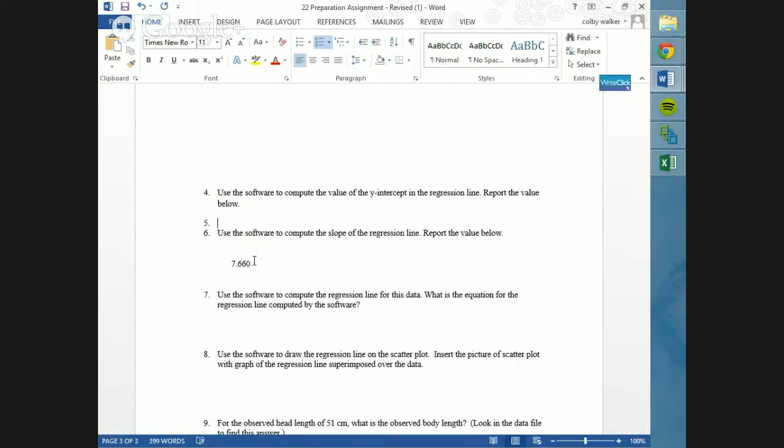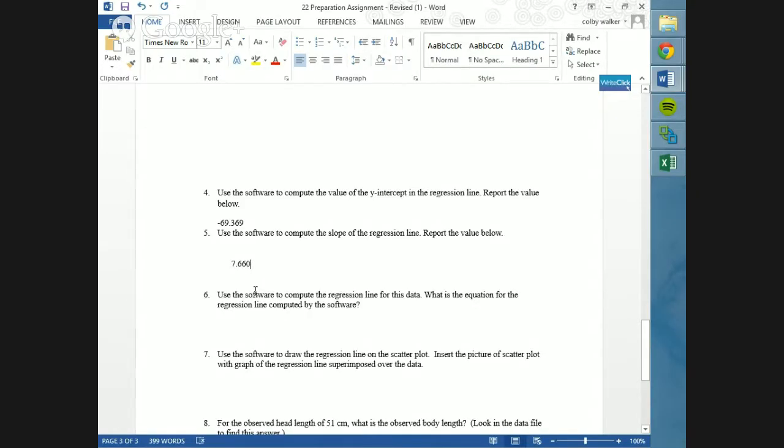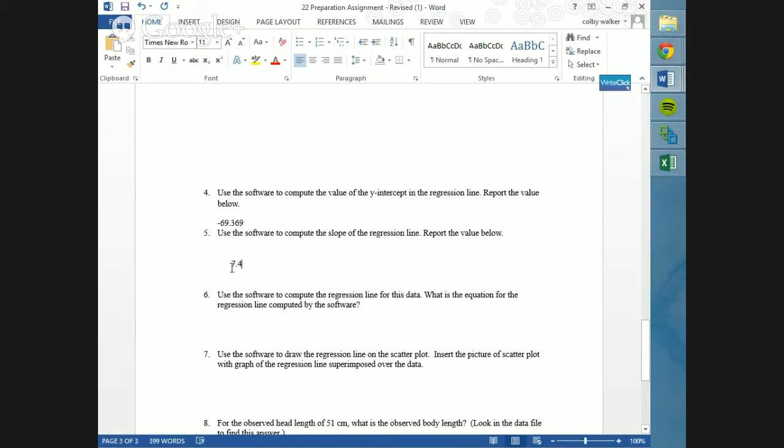So what was the value for the constant? It was -69.369. The constant was like 7.4, right? Mm-hmm. And what is that one called again? It's not the slope.